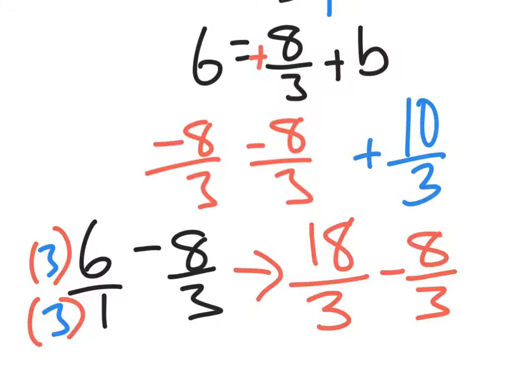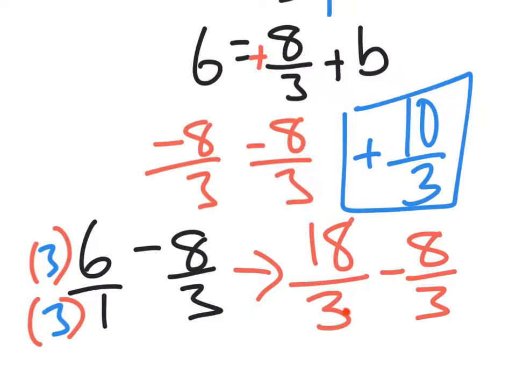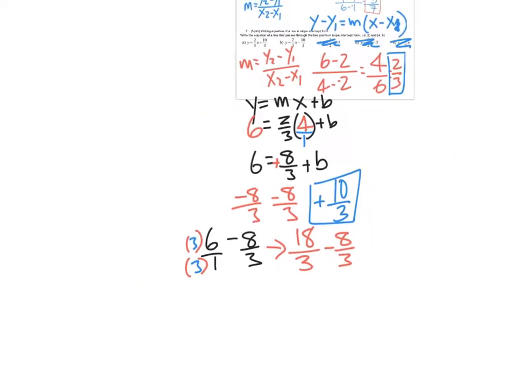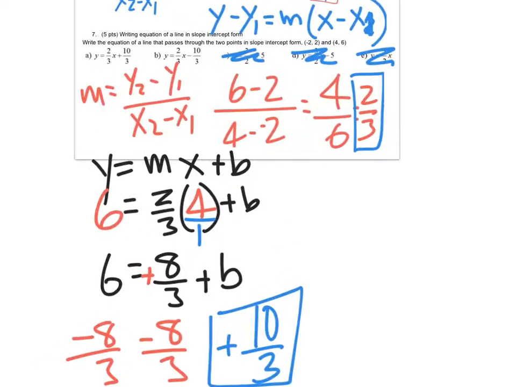The denominator doesn't change, so it's positive 10 over 3. So what does that mean? This means that when we subtract 8/3 from 6, or 18 over 3, we're going to get 10/3. B equals 10/3. So the answer to question number 7 is A.